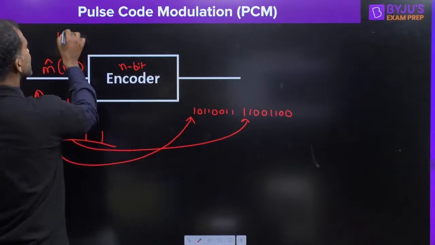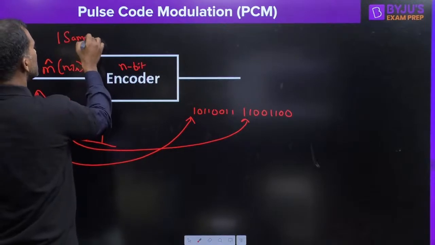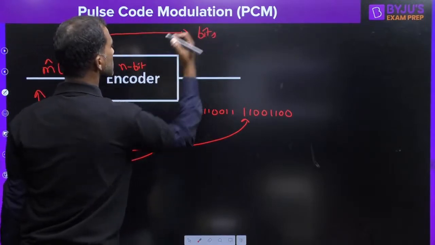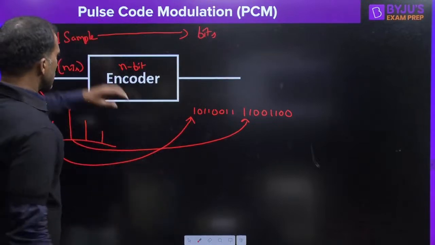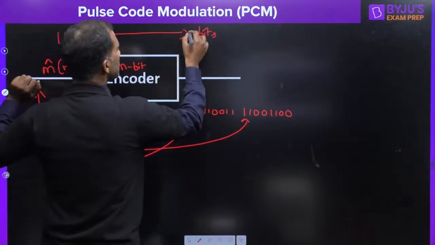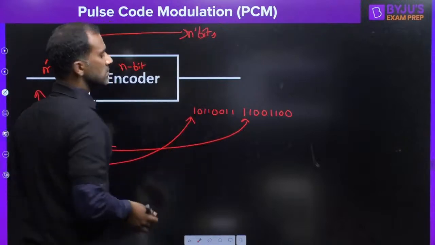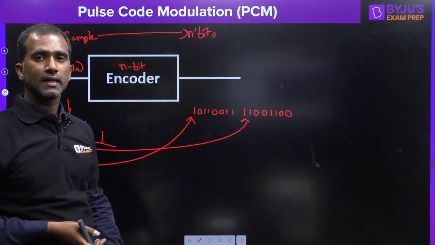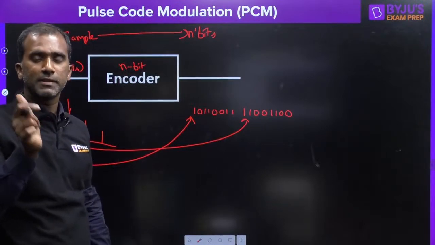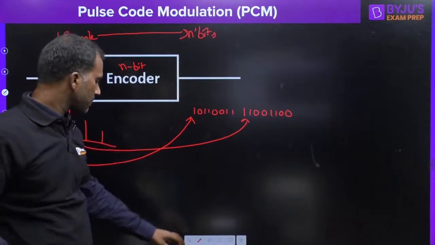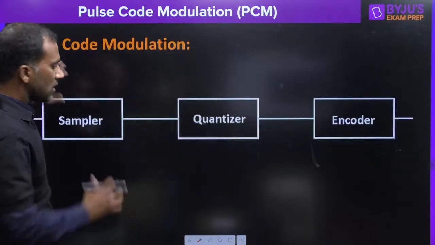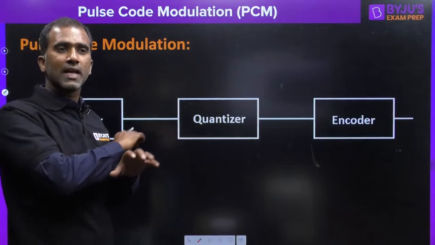So one sample is converted into n bits. The only parameter that is important in an encoder is the value n, the number of bits used for converting a sample into bits. Right. So now let us talk about the whole thing, the pulse code modulation as a whole.